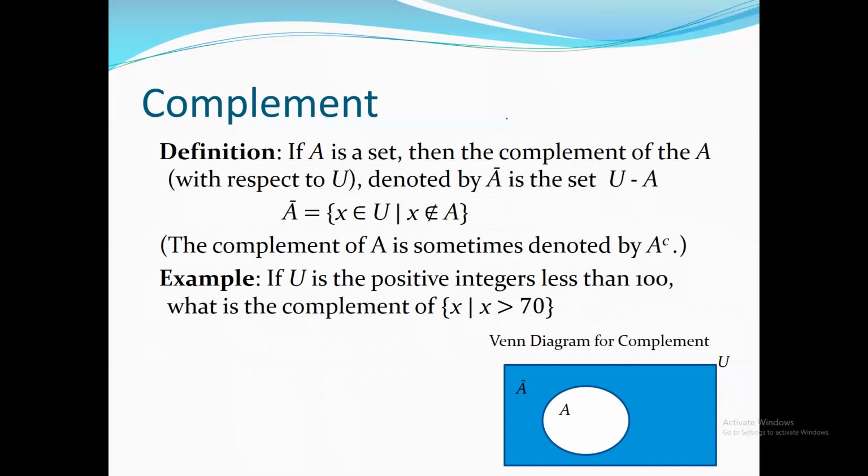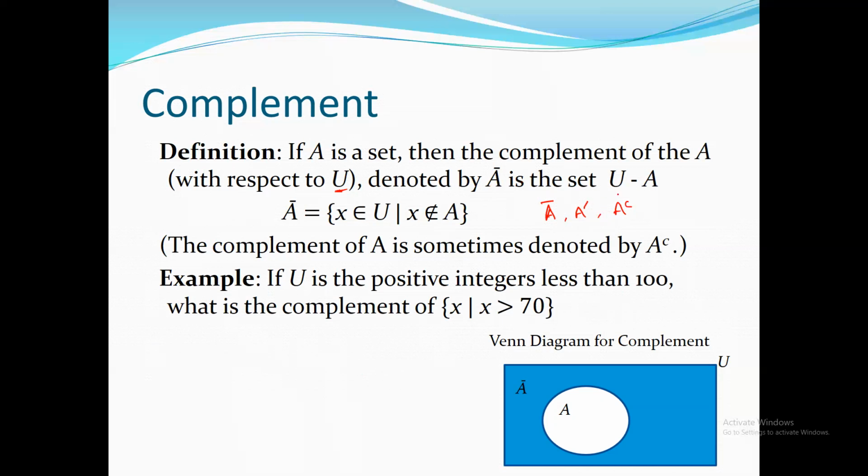If A is a set, then the complement of A, with respect to some universal set U, is denoted by A bar. There are different ways to denote it. Sometimes we denote it using A bar, sometimes A complement, and sometimes A superscript C. It can be denoted by any of these terms.